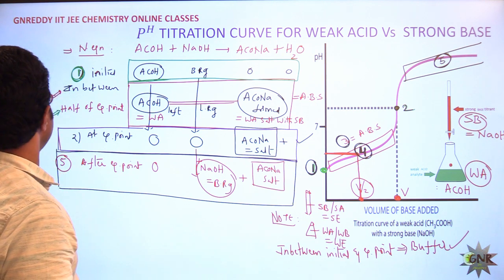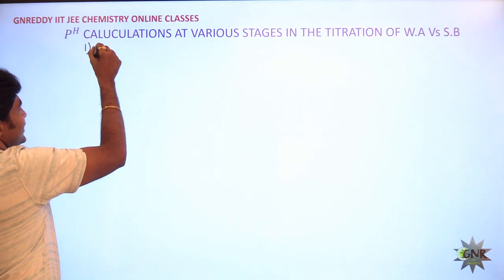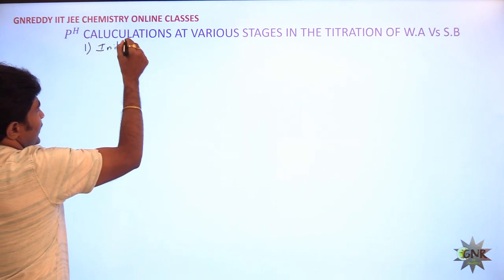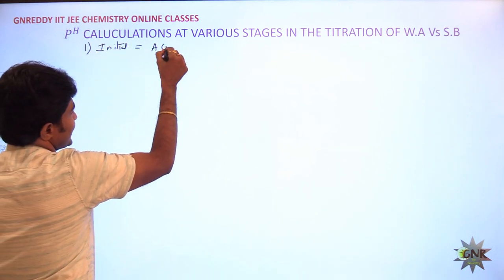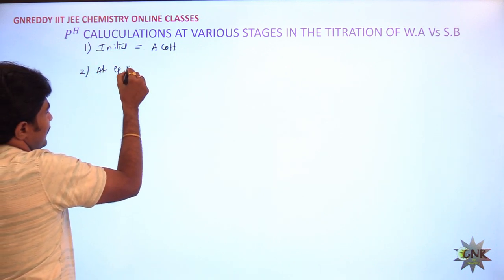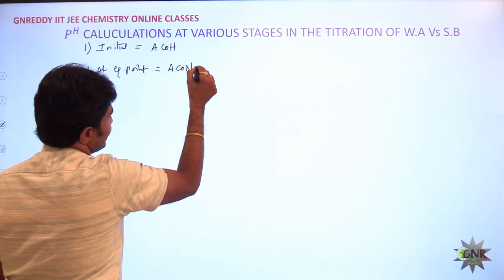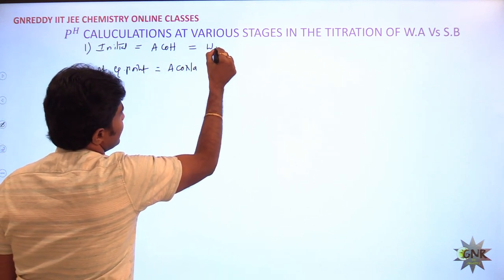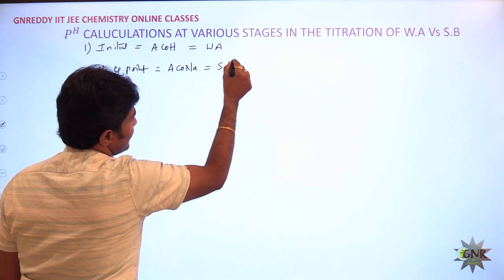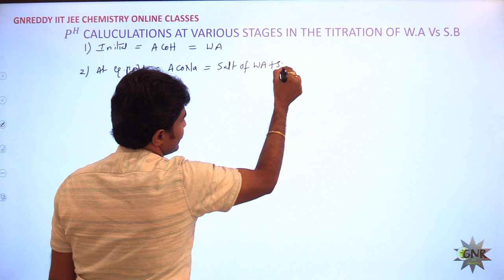Now if you look at this calculation part, see one by one. First, initial pH: initially only acetic acid is there, and at equivalence point, sodium acetate salt will be there. This is a weak acid, and this is the salt of a weak acid and strong base.